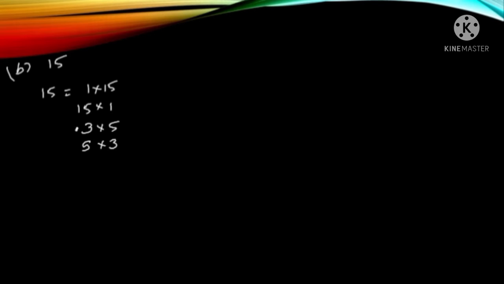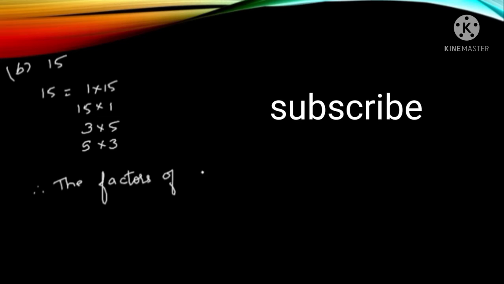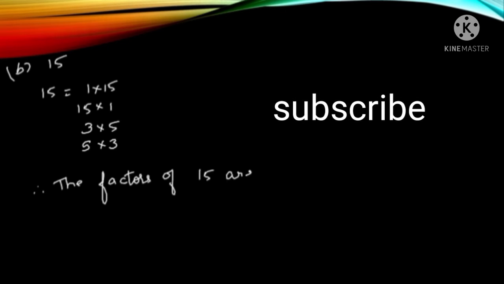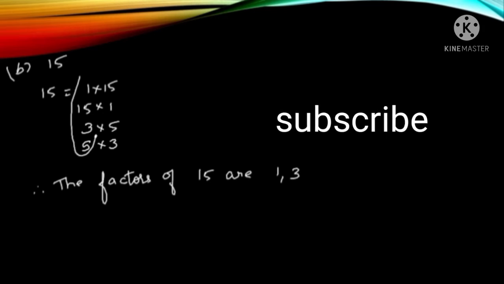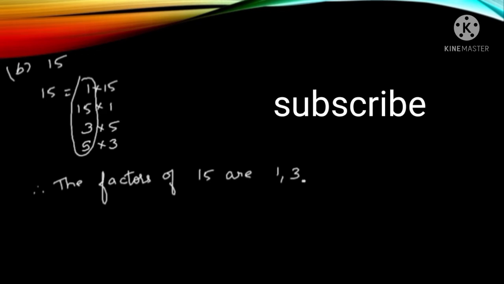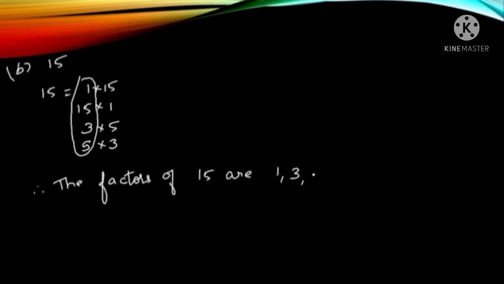No, isn't it? So therefore the factors of 15 are 1, 3, that is the first entries. I'm just writing in ascending order: 1, 3, 5, 15. So these are the factors.